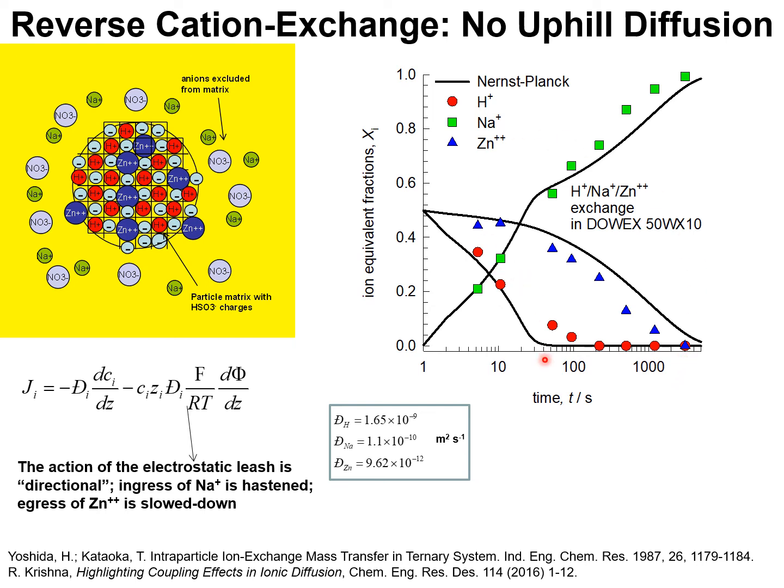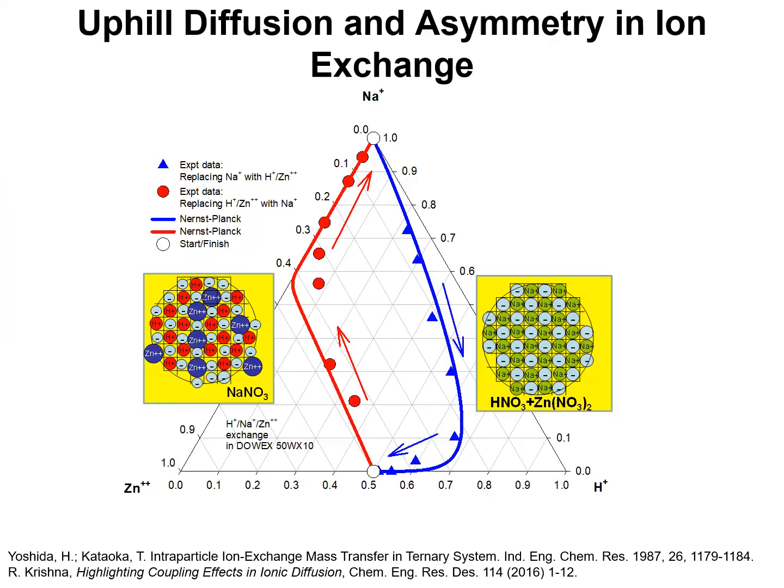No overshoots or undershoots are experienced in this case. The transient equilibration trajectories followed by the three cations in the two experiments shown in the previous two slides are plotted in ternary composition space in this figure.